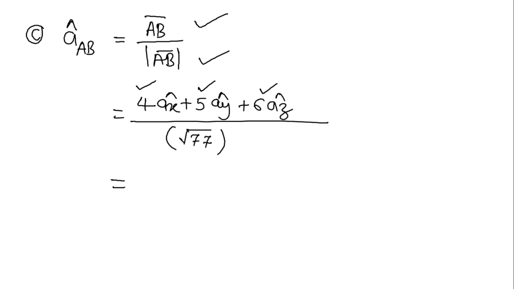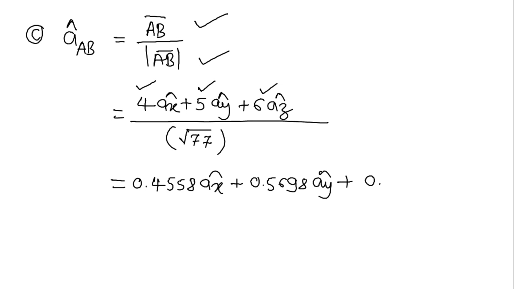So the resultant by the next step will be 0.4558 times ax cap, which is added by 0.5698 ay cap, further added by 0.6838 az cap.